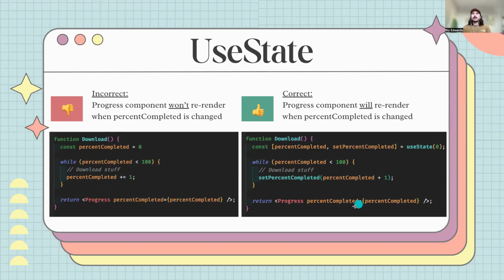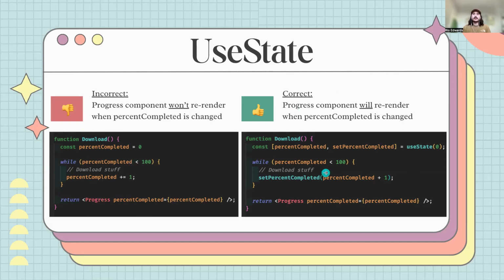If we do it in the UseState way, every time we set percent completed to a different value, it'll re-render this progress component. So this will still work, but it won't give us the automatic updates to the DOM that we want. It won't change our display.